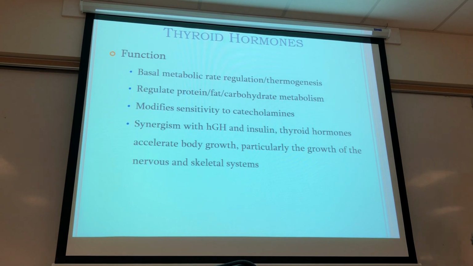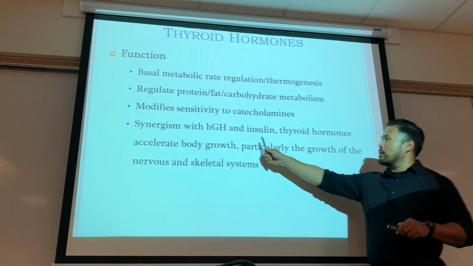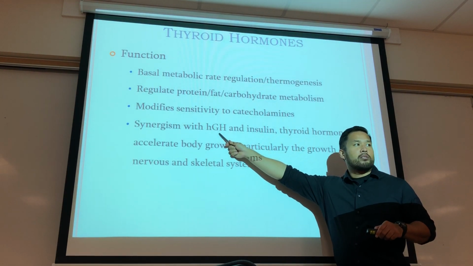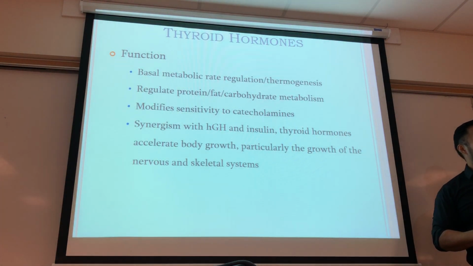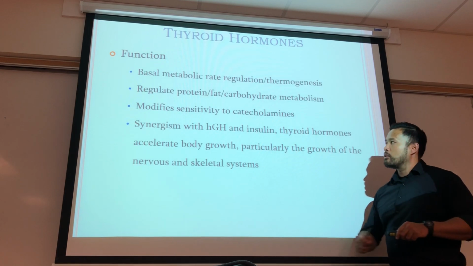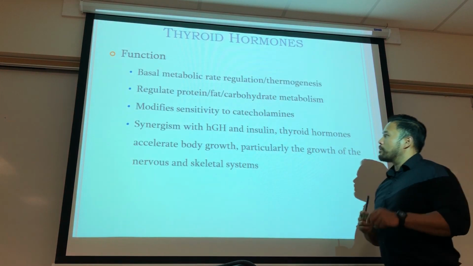Thyroid hormones also have a synergistic relationship with these other molecules. HGH, remember, human growth hormone wants to be able to produce energy for us. So we're going to increase glucose usage. We're going to increase the use of fats.